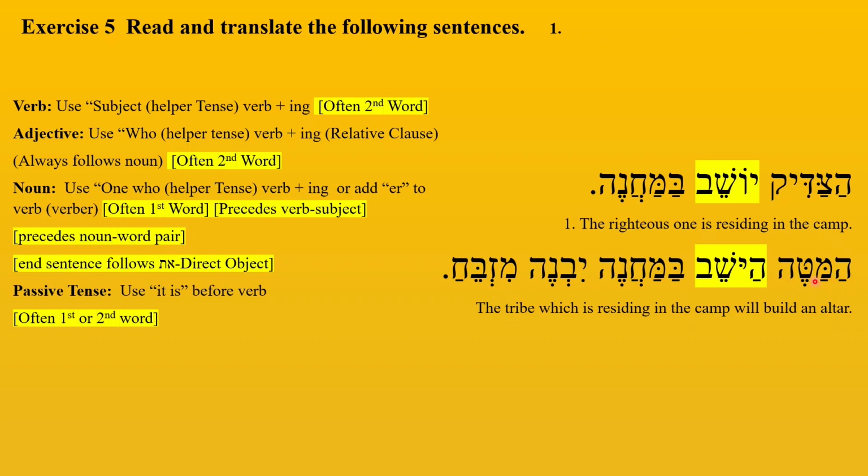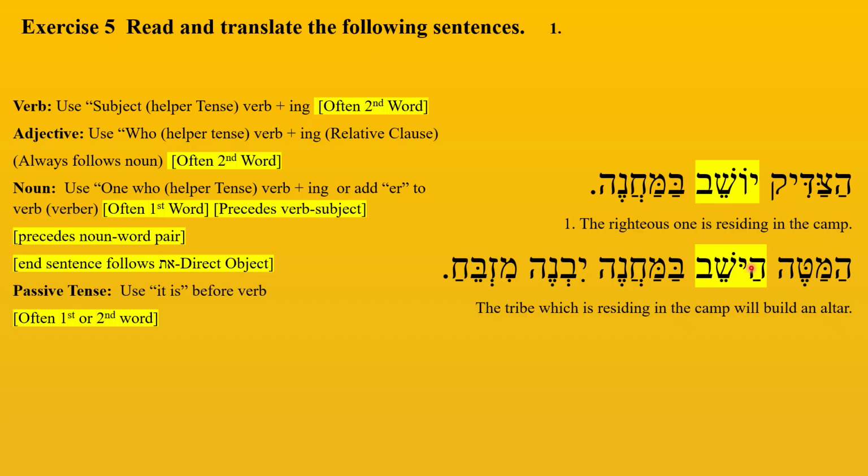Hamate, again, you have this in the first position. It's a noun, probably the subject. So the tribe. This is your participle. In the second position could be the verb, except that it has the ha in front of it. So you definitely know this is an adjective modifying or describing the tribe. So the tribe, which, because who doesn't really work with that, the tribe which is residing.